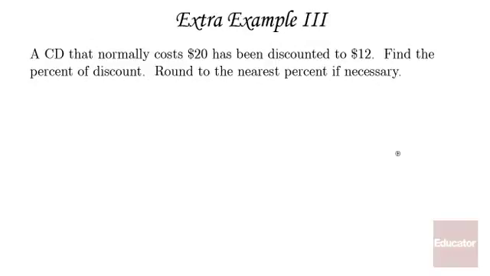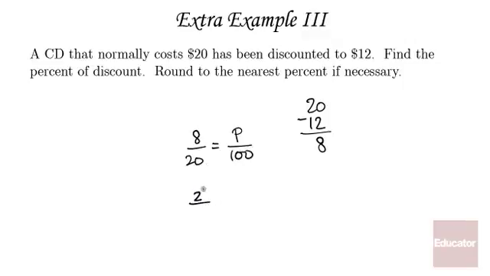A CD that normally costs $20 has been discounted to $12. Find the percent of discount, round to the nearest percent if necessary. So let's take $20, subtract the 12, and our change here is 8. 8 over the original 20 equals the percent of change over 100. I'm going to simplify here by dividing by 4. I can get 2 over 5. It's once again going to make my cross products easier to work with.